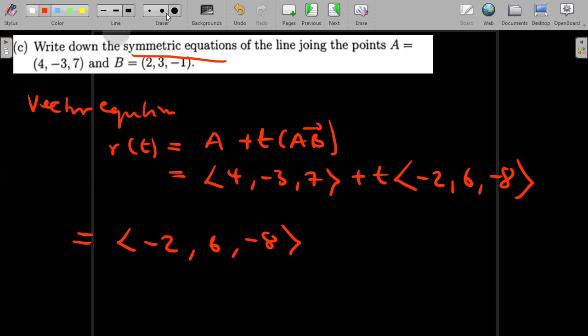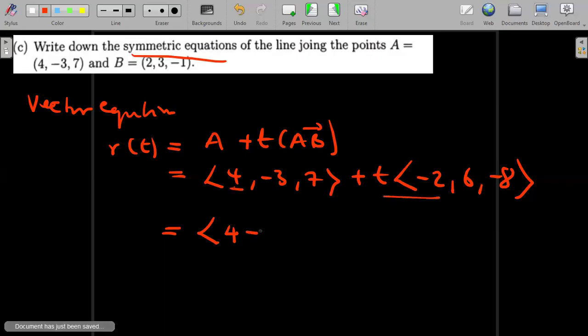So I now expand this out. I have 4 here, and we are adding here. When we multiply, we add component-wise.